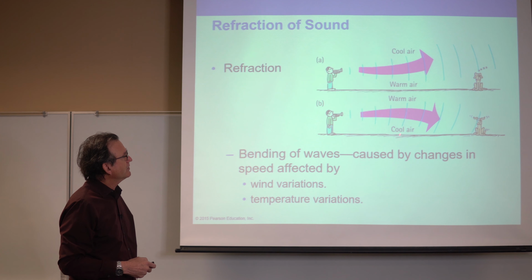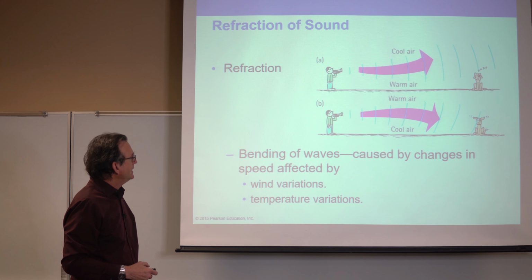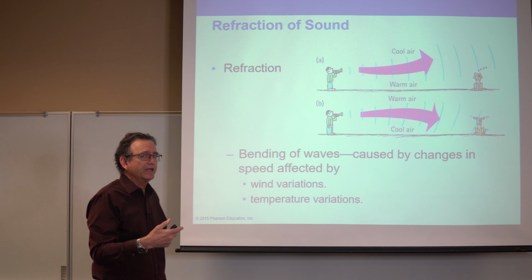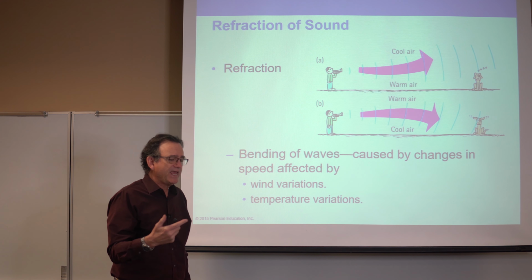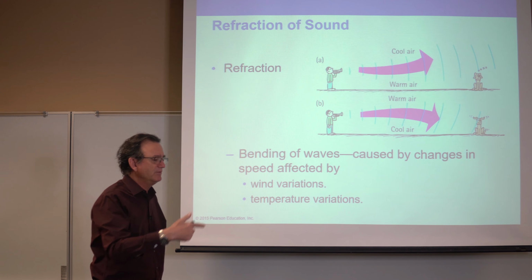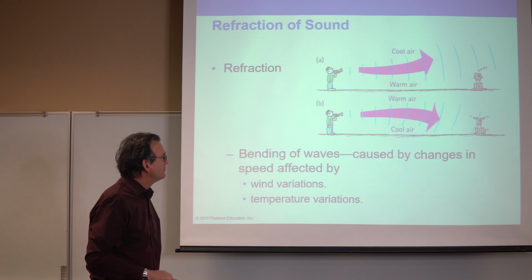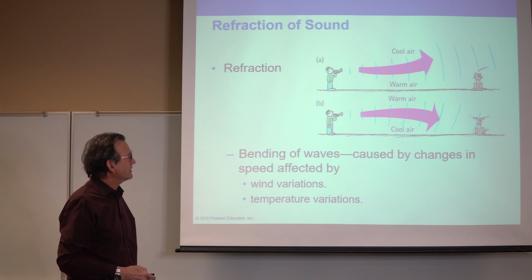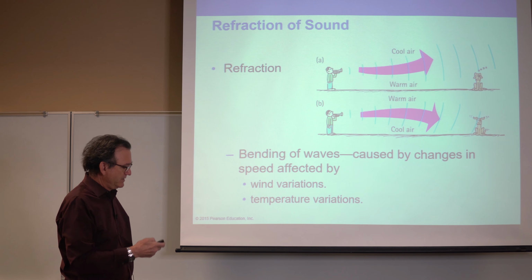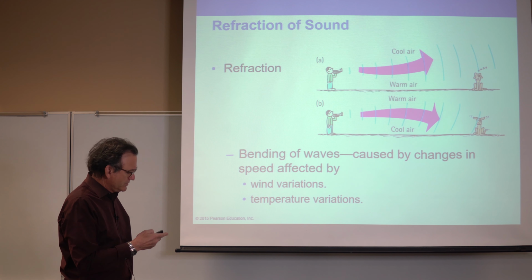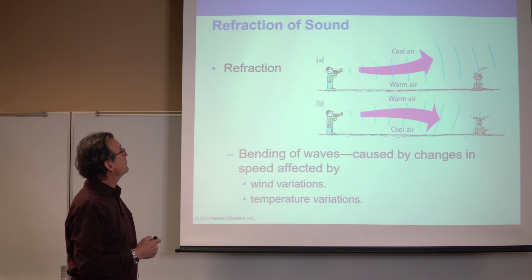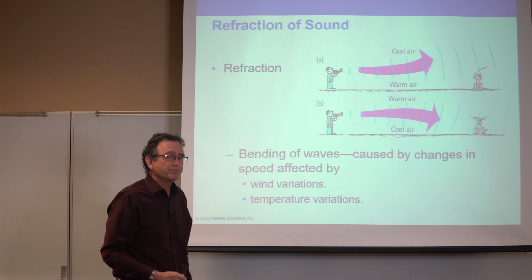Warm air above cool air does allow us to hear sounds, and this is why the camper by the lake is able to communicate with another camper very far away on the other side of the lake much more effectively at nighttime than at daytime. So that was an example of the refraction of sound due to the temperature dependence of the speed.